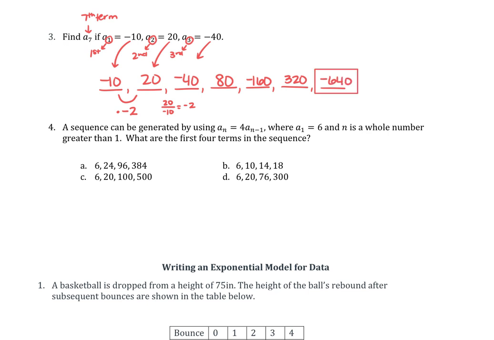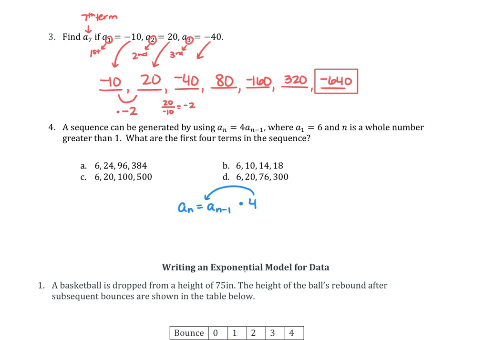All right, looking at number 4, it says a sequence can be generated by using A_n equals 4 A_(n minus 1), where A1 is 6 and n is a whole number greater than 1. What are the first 4 terms in the sequence? Now, this is another way of just saying A_n equals A_(n minus 1) times 4. We can actually take that common ratio and just put it in front of the A_(n minus 1), and it will mean the same.